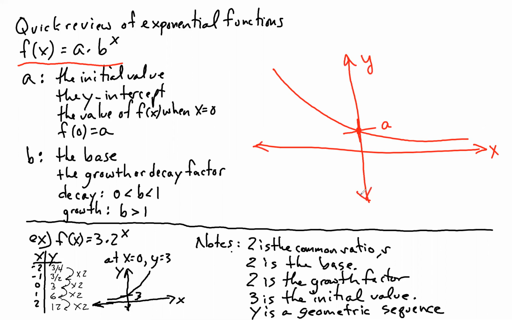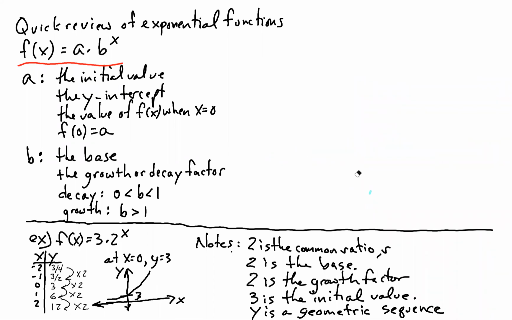It's also, of course, the y-intercept. It's the value of the function when x is equal to 0. If we look at the function, f of x is a times b to the x.